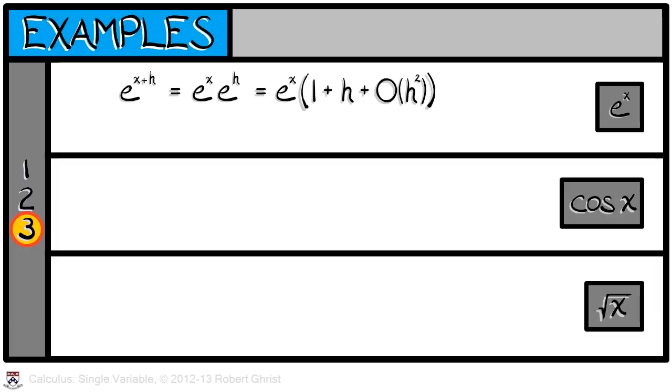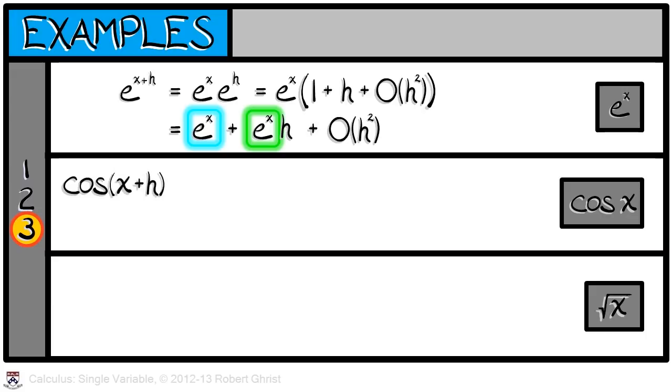That's really 1 plus h plus terms of higher order in h. So if we expand this out, we see that the constant term is e to the x. The first order term in h is e to the x times h. All other terms are higher order in h. And from this simple computation, we can see that the derivative of e to the x is e to the x. It's the coefficient in front of the first order term in h.